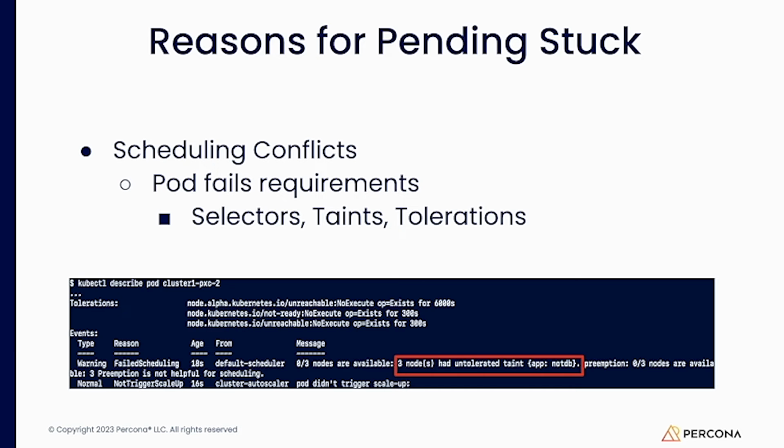You need a toleration to be scheduled on that particular worker node. And you can see in the tolerations section that the pod does not have this particular toleration, right? So also it's really easy to fix.